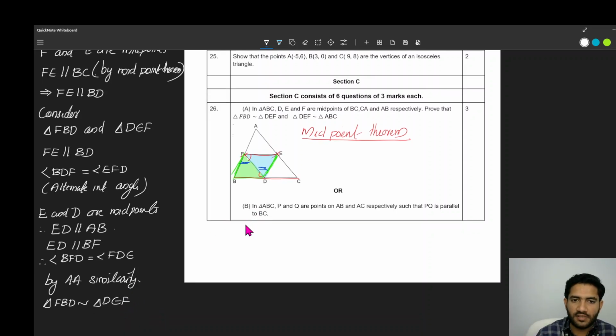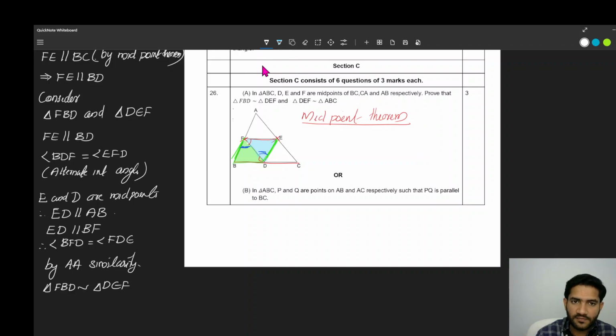Then what's the next question? Here DEF and ABC. We want to show that DEF and ABC are similar. ABC is the entire triangle, and DEF, the small one, is DEF.